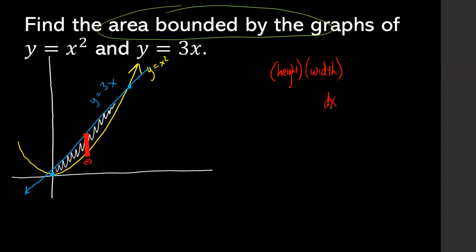The height is slightly more complicated. Well, how tall is the height? The height is definitely less than 3x, so let's start with 3x. And then we're going to subtract x squared. Let's move that over. I thought that was going to be bigger.